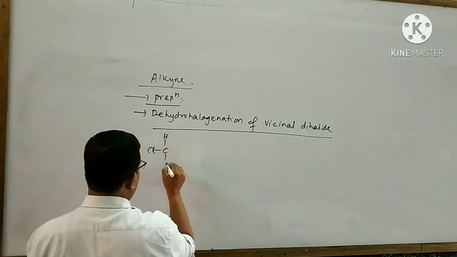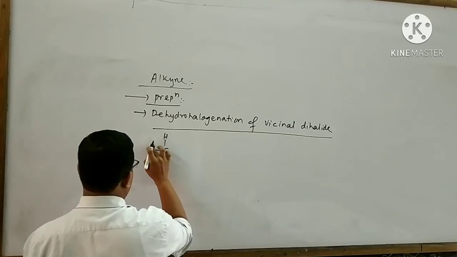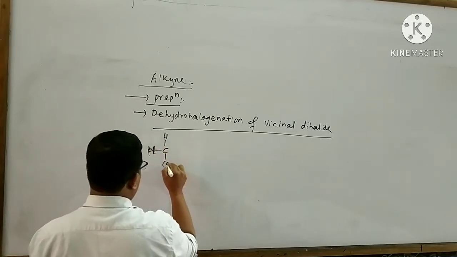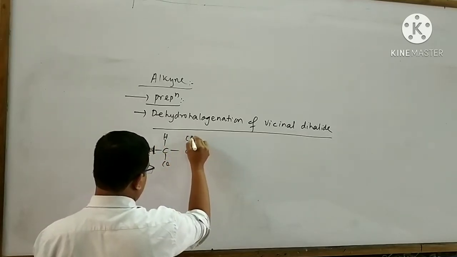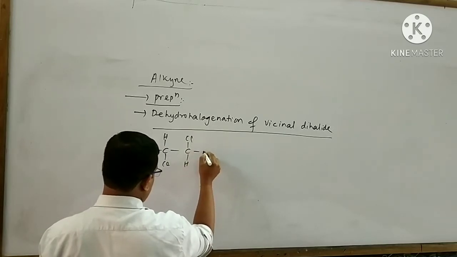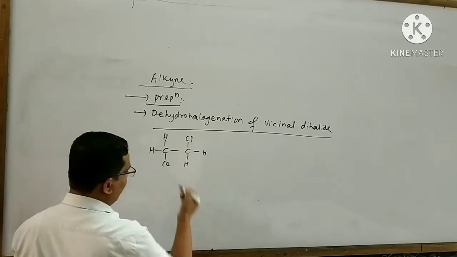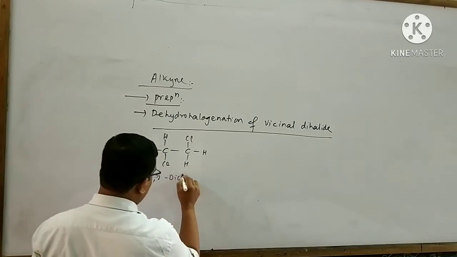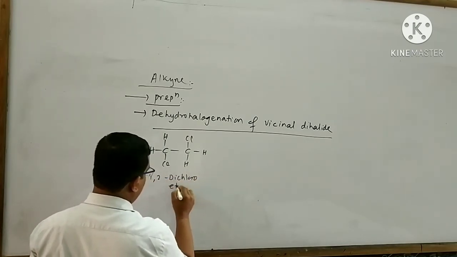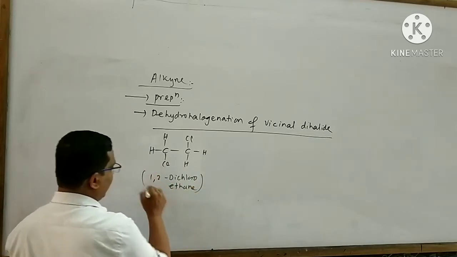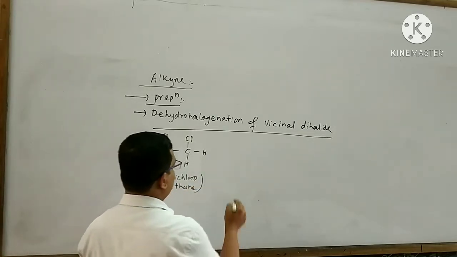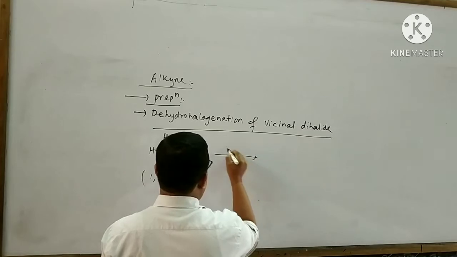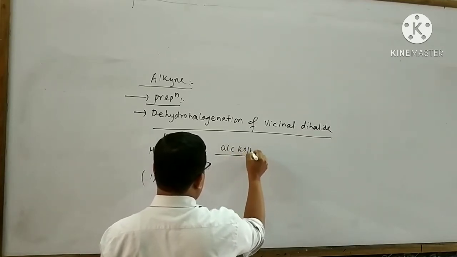This is an example of vicinal dihalide. The name of this compound is said to be 1,2-dichloroethane. When 1,2-dichloroethane is subjected to reaction with alcoholic KOH, then what will happen?